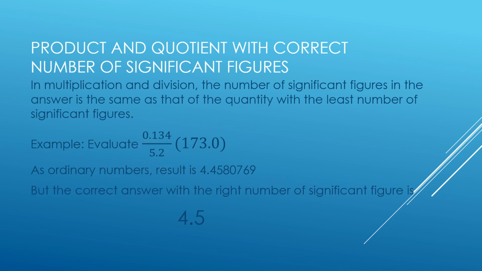Hence, our result should be written with 2 significant figures, 4.5. So we round off 4.4580769 to 1 decimal place because it will give us 2 significant figures.